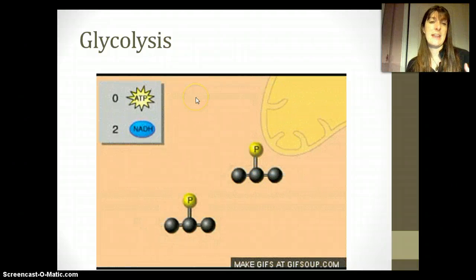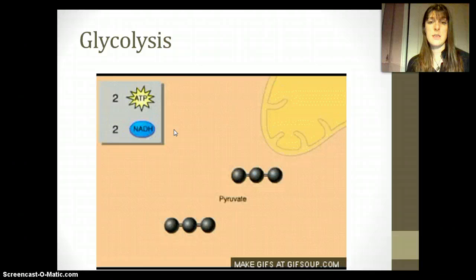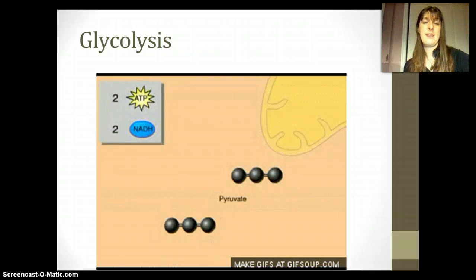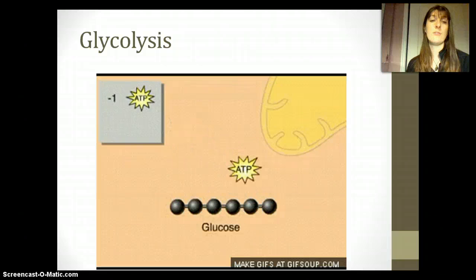So now we've got a net gain of 0 ATP. Finally, we're going to add in some water, and 2 more ATPs are going to be made. So overall, this process required 2 ATPs to be put in, but then it made 4 total. So it is a net of 2 ATPs and 2 NADPHs. That's a tiny bit of energy, but that'll be an important thing in going forward.